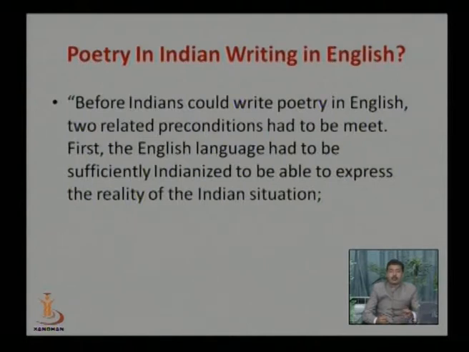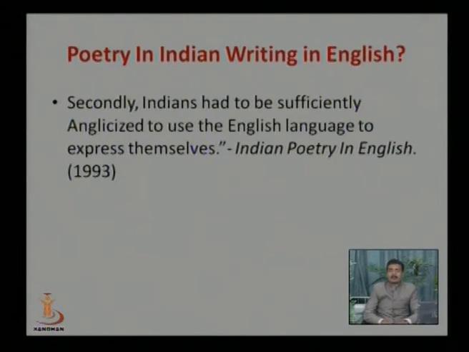Now I hope you have noted the two words, banyan tree and juggernaut. The next part of this quotation says that secondly, the Indians had to be sufficiently anglicized. It means Indians also had to move upward, or give their hands downward, to chain themselves into the circle of the English speaking world.